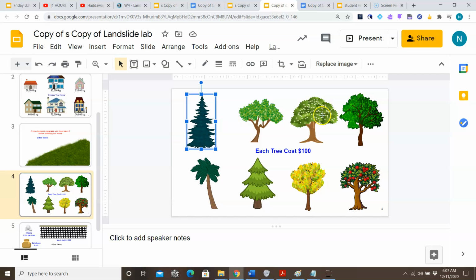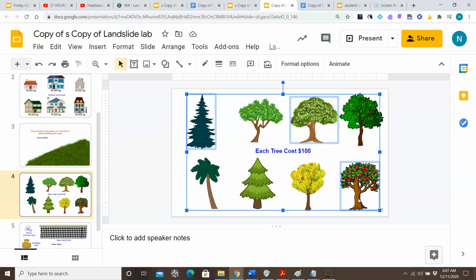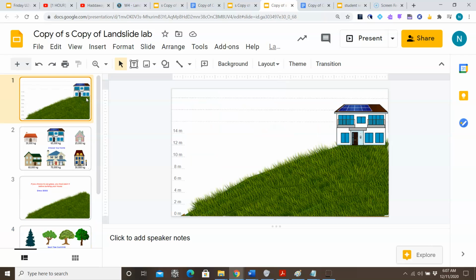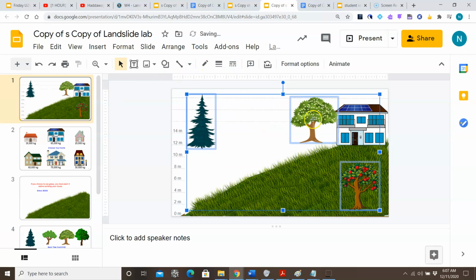I'm going to click on it, hold down the Control key, and click on that. And I want an apple tree. Click, hold down the Control key, and then do Control C. These are the trees I want. I'm going to go back to my house and plant them.